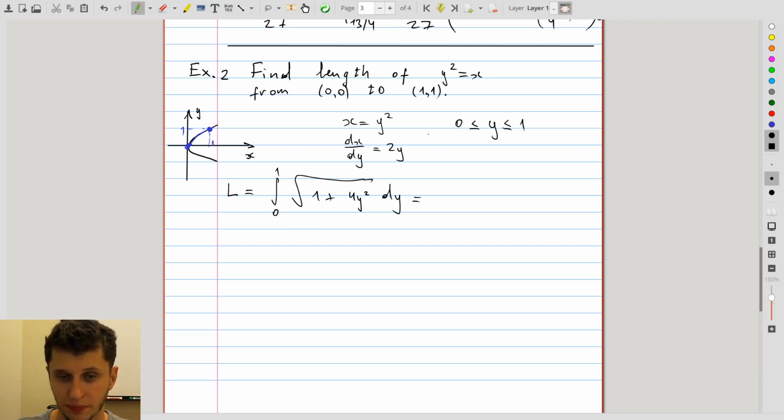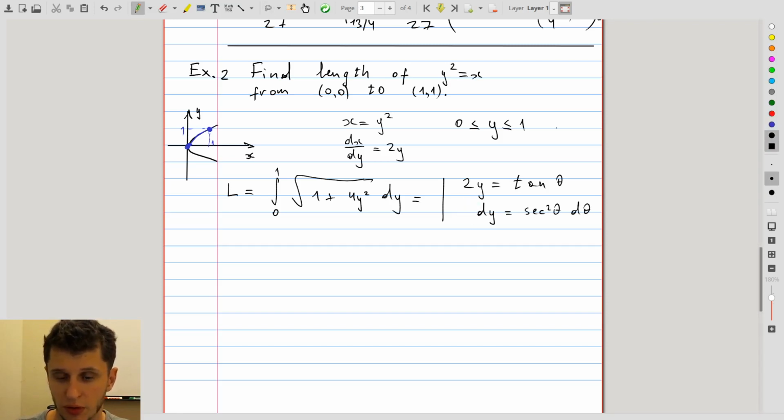We'll say that 2y is equal to, so we have constant squared plus the variable squared, and so this corresponds to the case of tangent theta, and so it follows that dy is equal to secant squared theta d theta over 2, in fact.